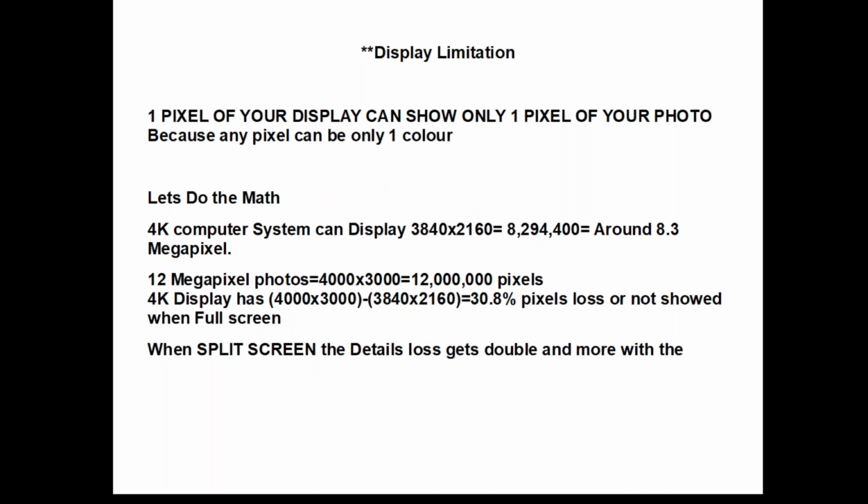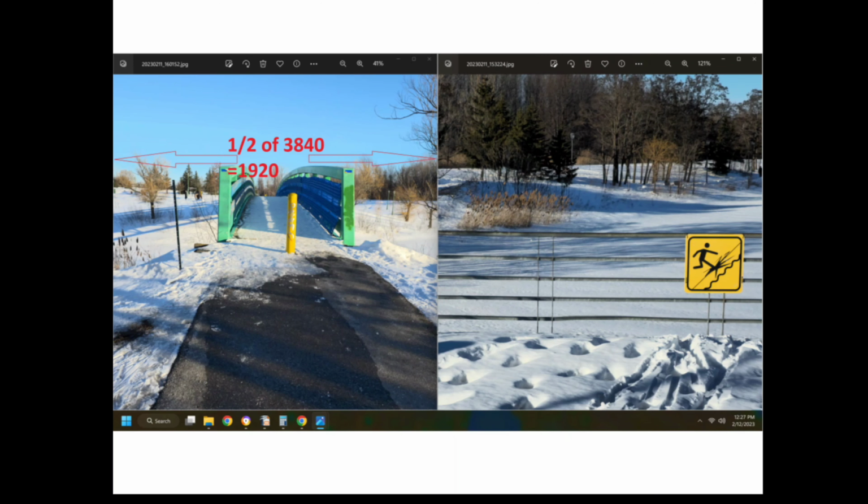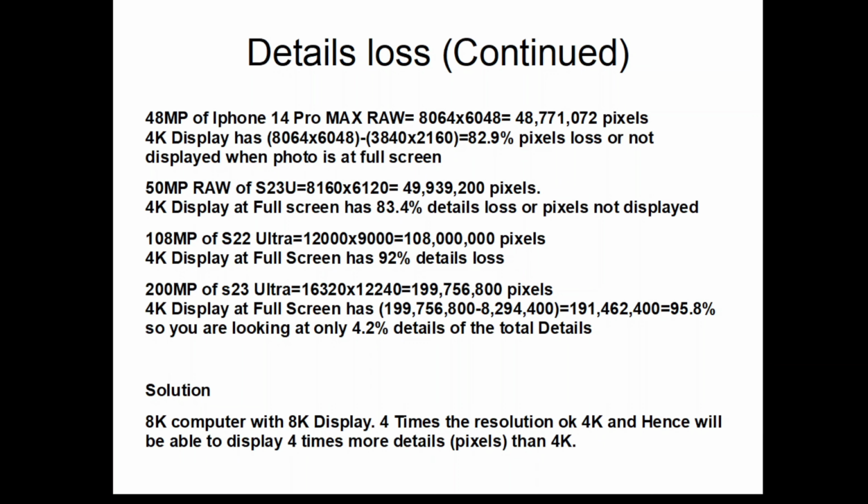Now, when you split the screen to do side by side comparison like this, it gets worse. So now each photo will have fewer pixels of your screen to show the details, and it just gets worse and worse as the pictures have more and more megapixels.